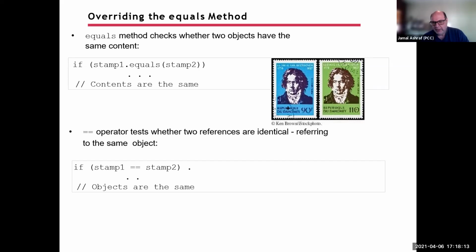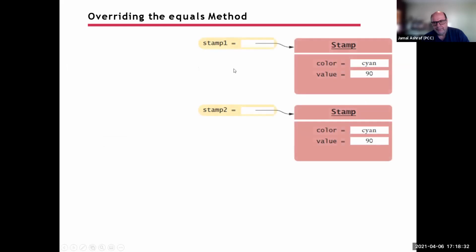When I find that out, then I'm going to write it into my equal function. From this point on, when somebody is using the equals of my object, that's what they're going to be comparing. In this case, we are checking for the value and the color.